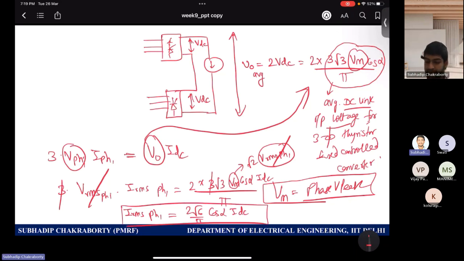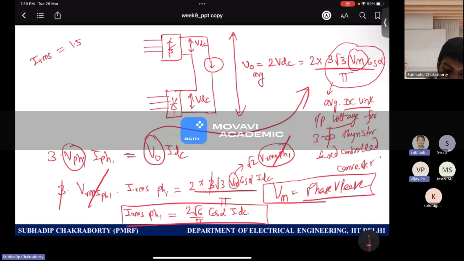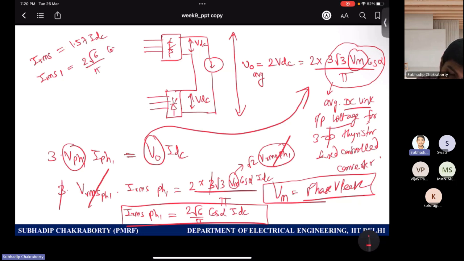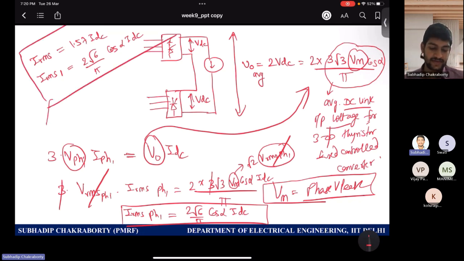Up to this is clear, right? So I have IRMS of supply as 1.57 IDC, which I showed you in the previous slide, and IRMS supply fundamental as 2√6 by pi cos alpha into IDC for a 12 pulse configuration.